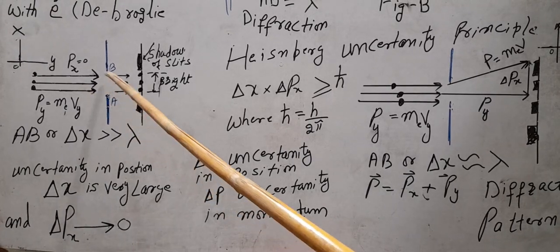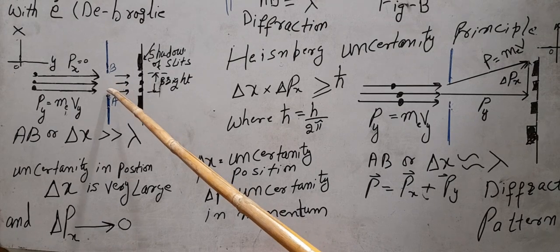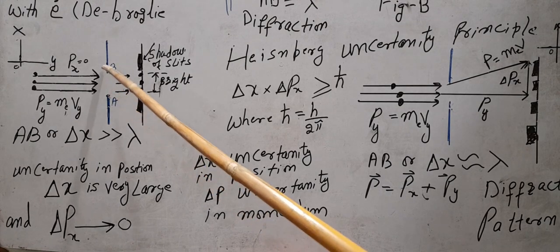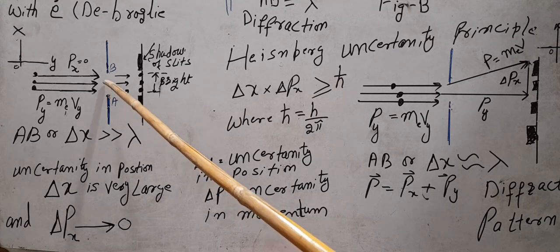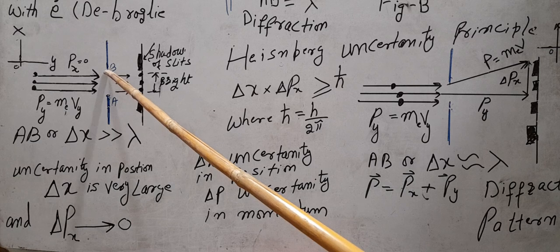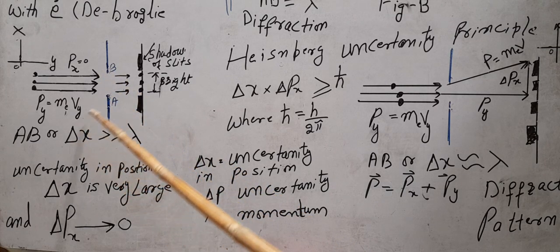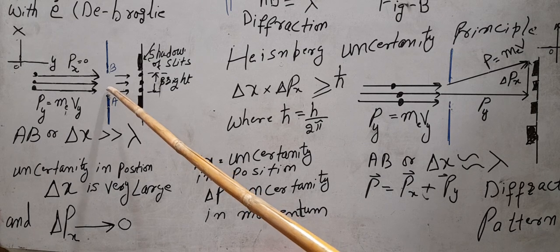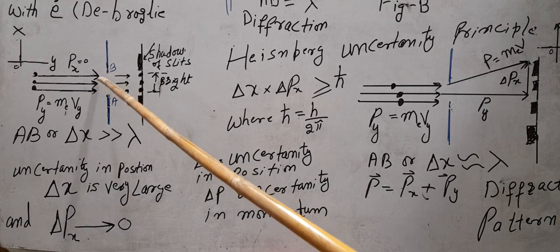In finding the exact location of the electron, there is an uncertainty. We cannot find the exact location of the electron, and the position of the electron can be anywhere between A and B. Therefore, the uncertainty in finding the position of the electron will be of the order of the length AB.